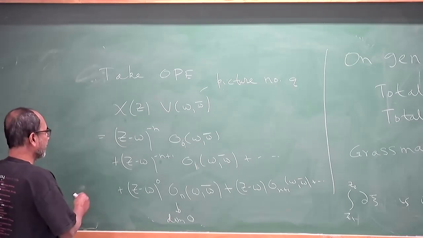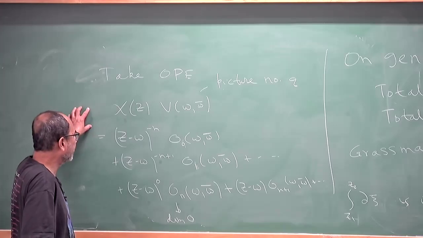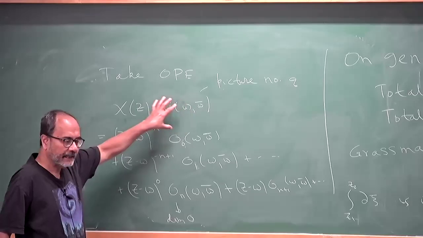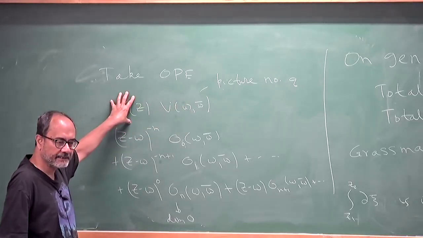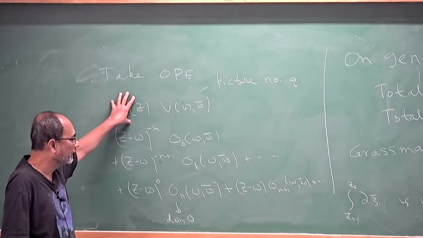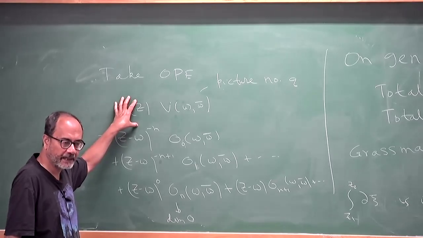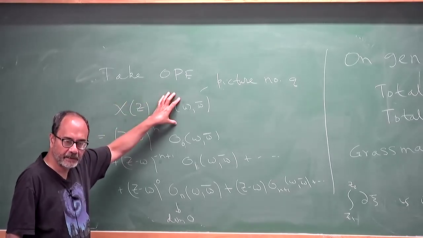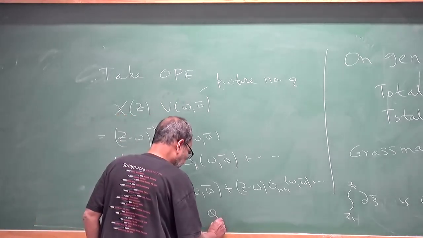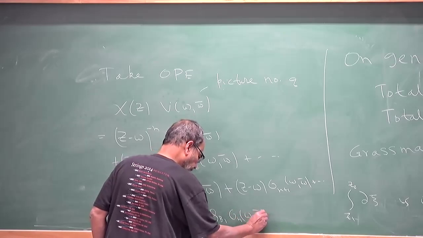And using the fact that QB, you can take the anti-commutator of QB with this product. Using the fact that QB on chi is 0, this is a commutator because chi is bosonic, V is bosonic. So using the fact that the QB chi commutator is 0 and the QB V commutator is 0, you can check that QB with this is 0.